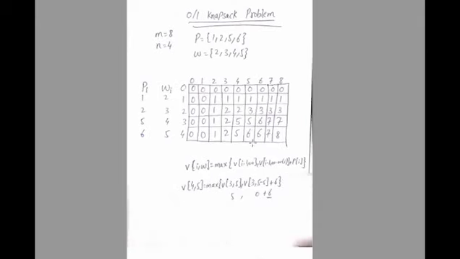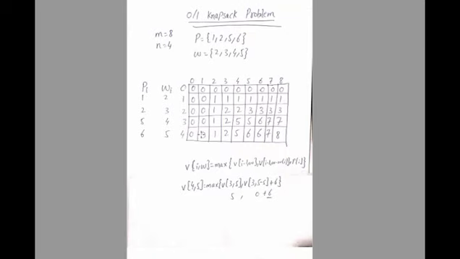If we add 4 plus 2, that becomes 6 and the profit is 6. If we add 5 plus 2, the weight becomes 7 and the profit is 6 plus 1, that is 7. If we add 5 plus 3, the weight becomes 8 and the profit becomes 6 plus 2, that is 8, so we have written 8 over here. So this was how we filled the fourth object manually.